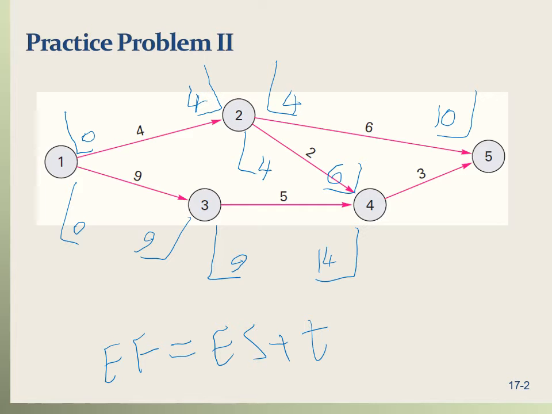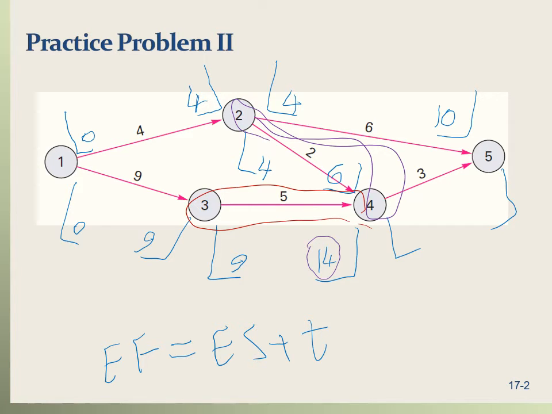Now let's move on to the next activity, which is activity 4 to 5. The earliest start of 4 to 5 should be after all the predecessor activities of 4 to 5 are done. That means activity 3 to 4 is completed and activity 2 to 4 is completed. Activity 3 to 4 is completed by 14 and activity 2 to 4 is completed by 6.